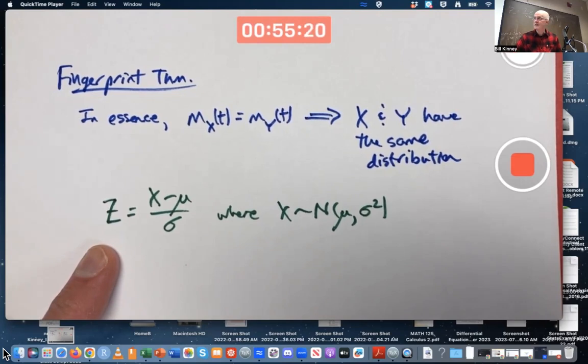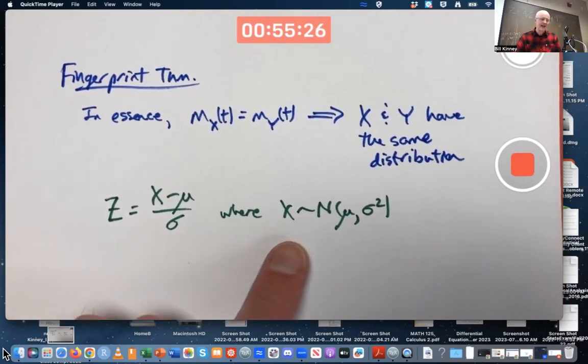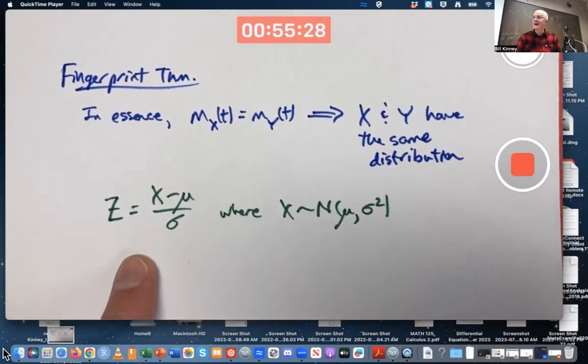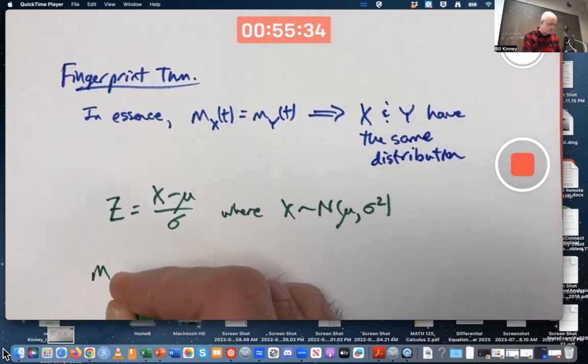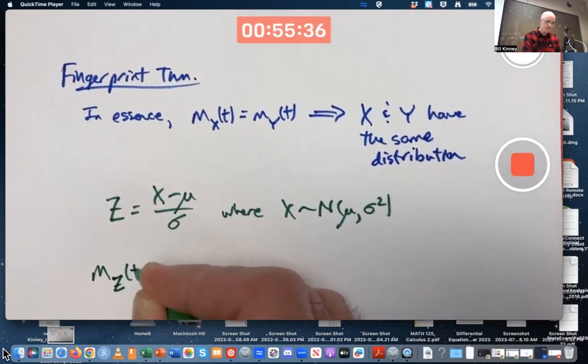Just properties of expected values and variances back in chapter 3 allowed us to see that. What we don't know until now is that if X has a normal distribution, then Z also has a normal distribution. And you can figure it out with the moment generating function, the fingerprint theorem.